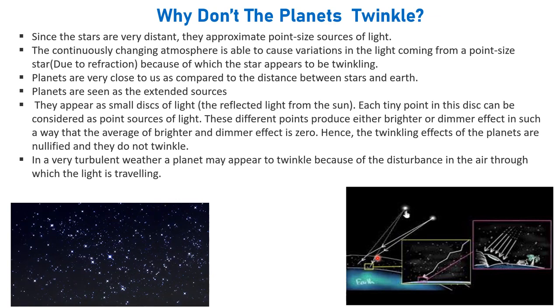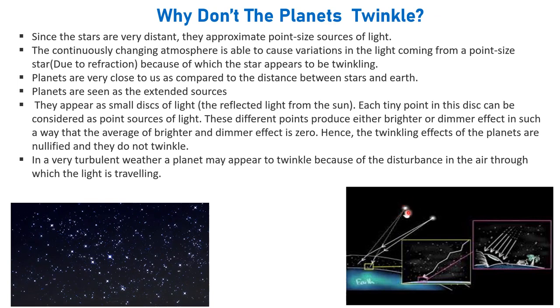Different phenomena take place within the atmosphere, and due to this there is a refraction of light. These two rays are refracted and reach our eyes. If I extend these rays straight backward, they meet at this point, so I see the star over here, which is not the real position of the star.